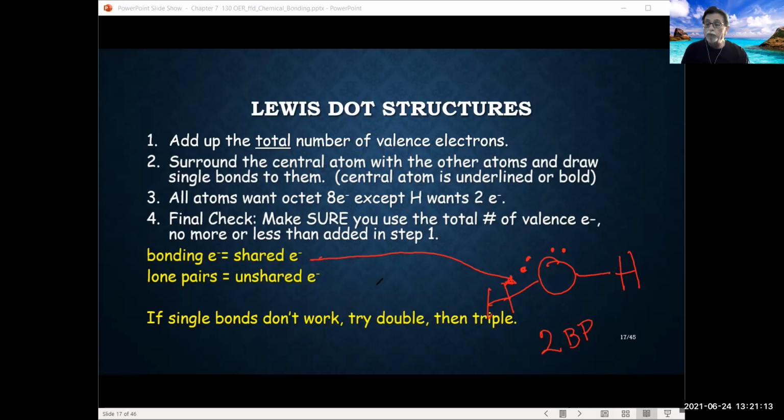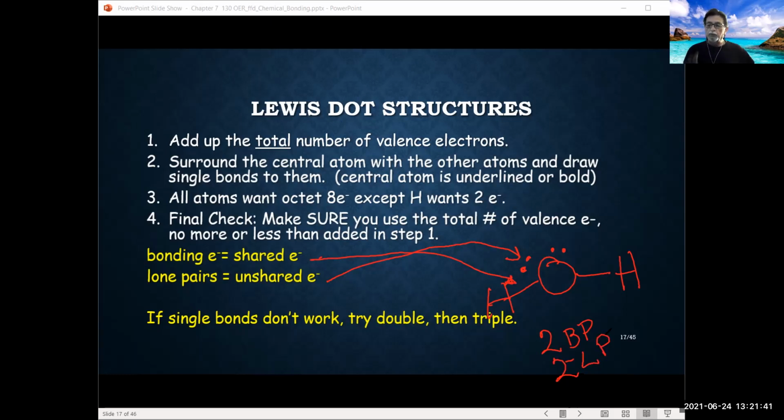Now, the lone pairs are the ones that are on the central atom but are not bonded, and hence we call them lone pairs or unbonded. You may hear that term. So you can see for this structure of water, there are 2 lone pairs, LP, on the oxygen.